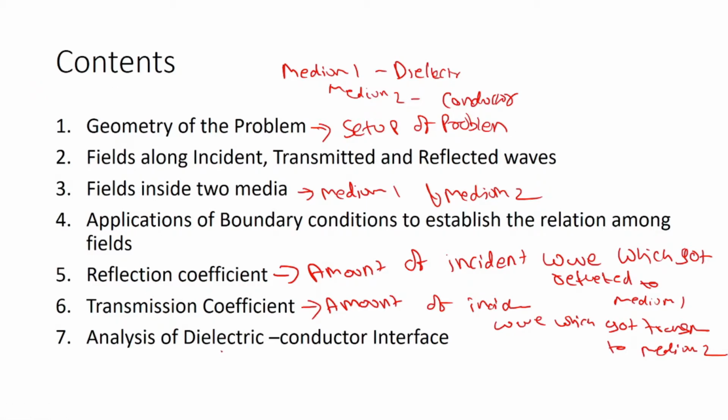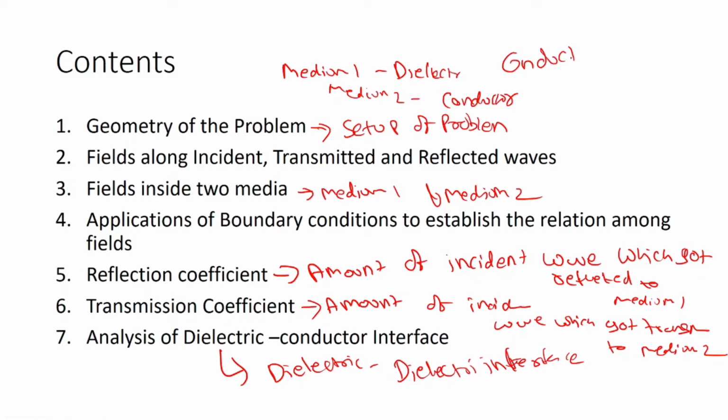You can also analyze a dielectric-dielectric interface. But for obvious reasons, medium 1 cannot be a conductor because electric field won't exist inside a conductor. Therefore, there is no concept of EM wave propagation inside a conductor.